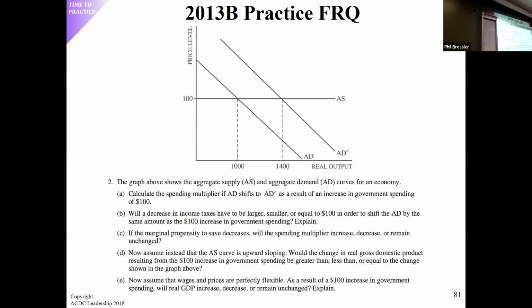Okay. Now, Braden, will a decrease in income tax have to be larger, smaller, or equal to 100 to get the same $400 shift? It's going to be larger. Why? You're right.